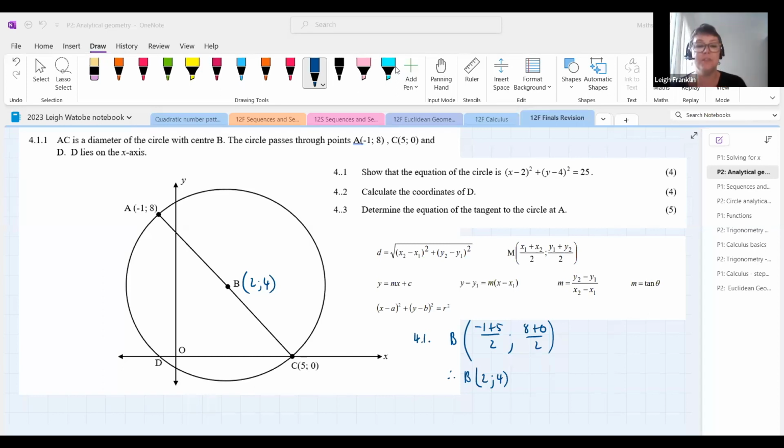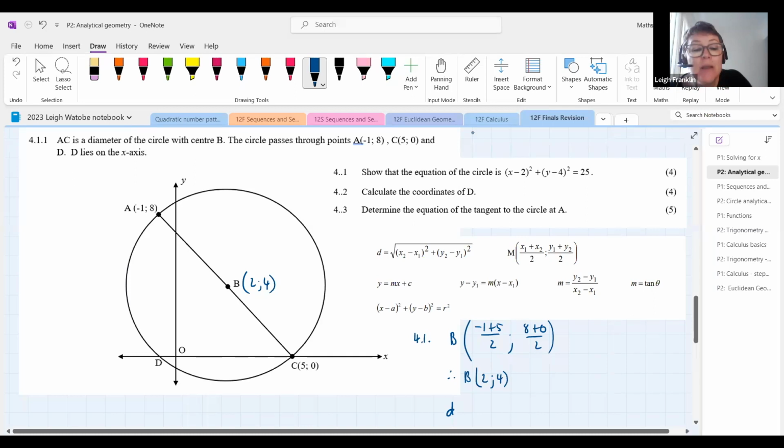Good. Use the distance formula. People are saying different things, and so far everybody is saying something that's correct. Either you can find the distance from A to B, or from B to C. It doesn't matter. Or you could find the distance from A to C and halve it as well. Any one of those three would be absolutely fine.